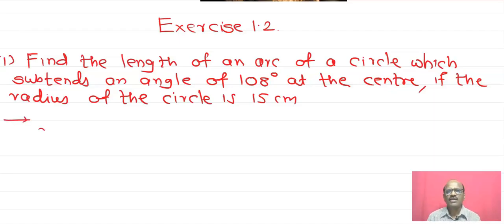Find the length of an arc of a circle which subtends an angle of 108 degrees at the center, if the radius of the circle is 15 centimeter. Here r is equal to 15 centimeter, theta is equal to 108 degrees.